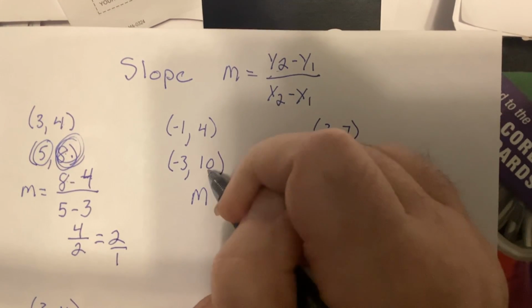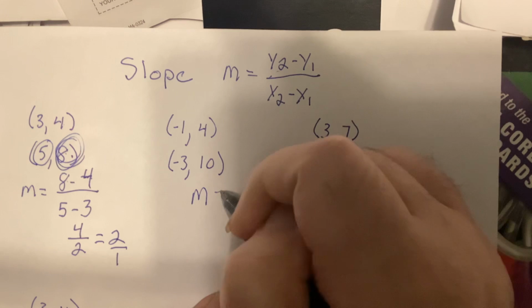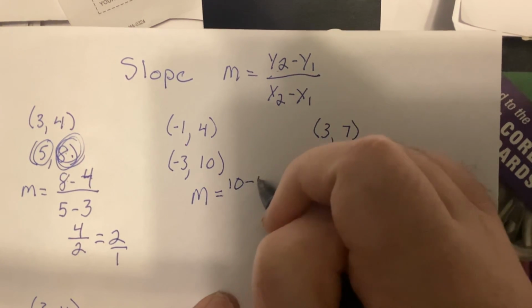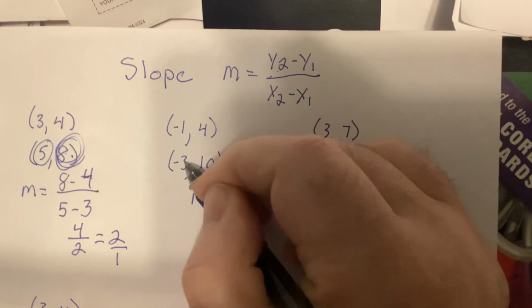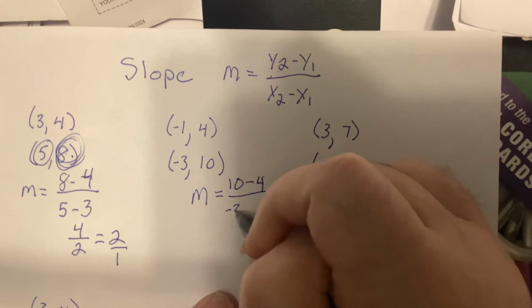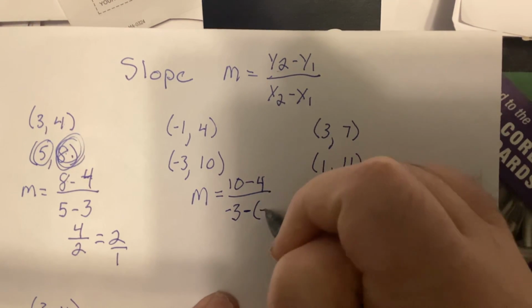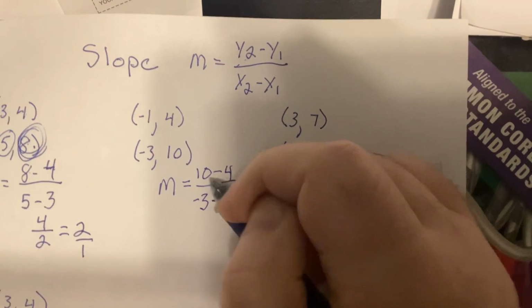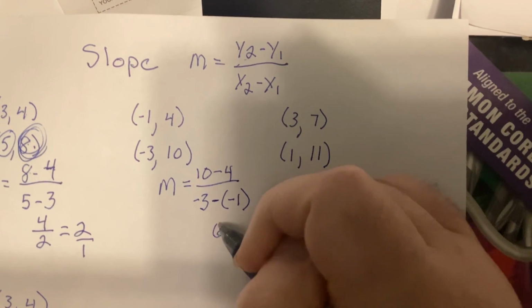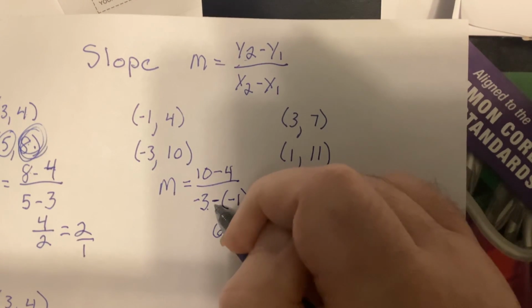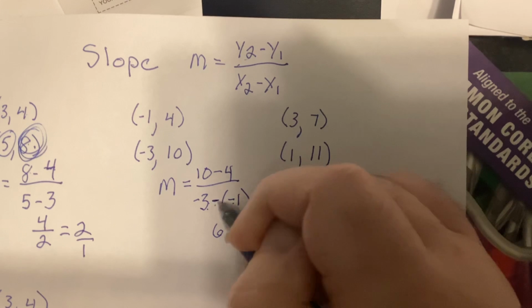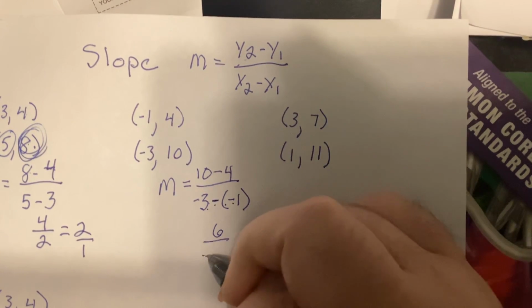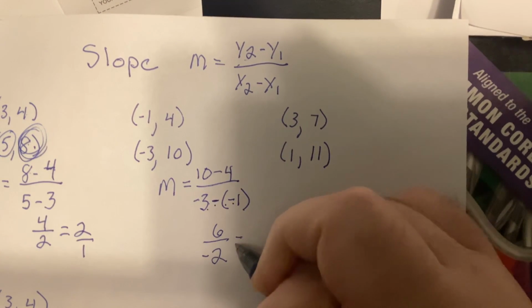So this one, change in y over change in x. -3 minus a -1. So it'd be 6 over -3 minus a -1 would be -3 plus 1, which is -2.